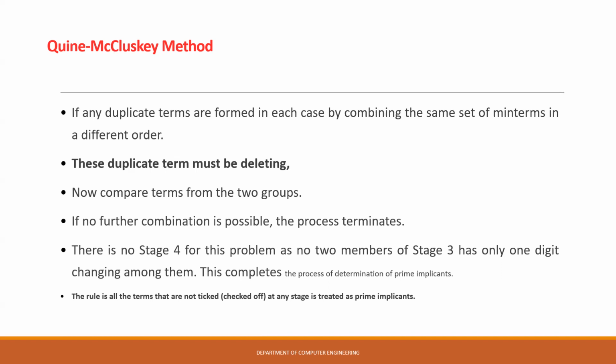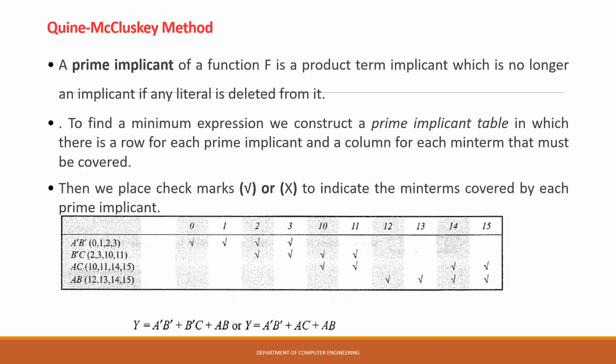The rule is that all the terms that are not checked off at any stage are treated as prime implicants, and this is indicated directly in the prime implicants table. See here, this is the table of prime implicants. Now let us discuss what a prime implicant is. A prime implicant of a given function f is a product term implicant which is no longer an implicant if any literal is deleted from it.